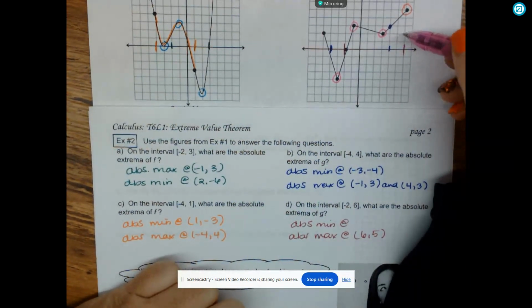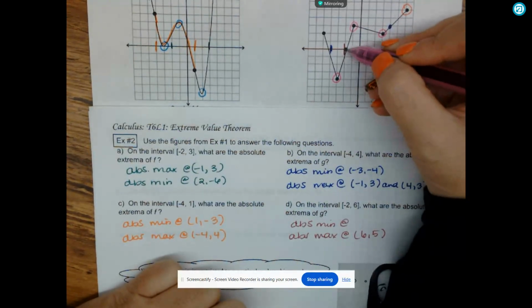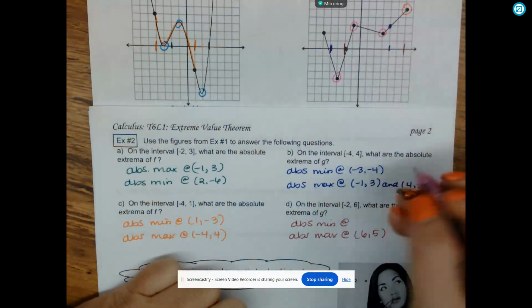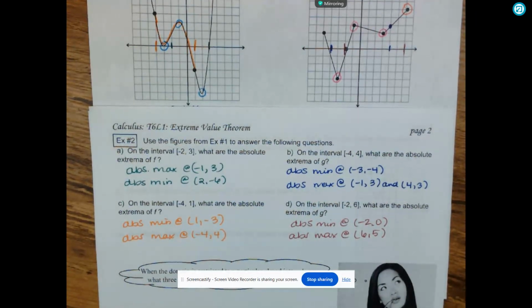Min would be -2, yes. Okay, so that time it was both of our endpoints. So right here and here. So negative 2, 0 was our min, and 6, 5 was our max. We all good so far? Just reading a graph. Tell me what it says.